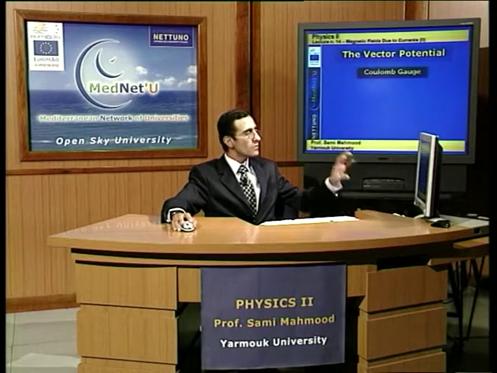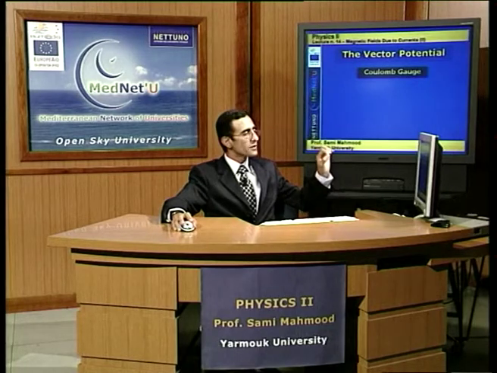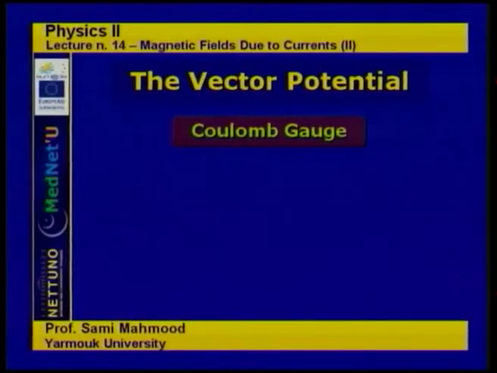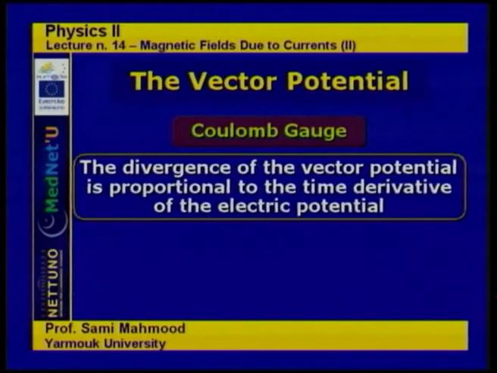And now we consider the Coulomb gauge, the Coulomb transformation gauge, and we recall in this context that it can be shown in the future, when we come to the dynamical effects, that the divergence of the vector potential is proportional to the time derivative of the electric potential.